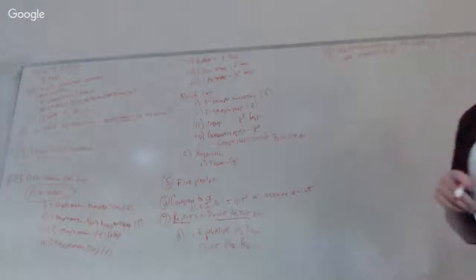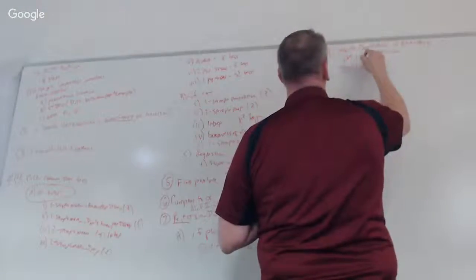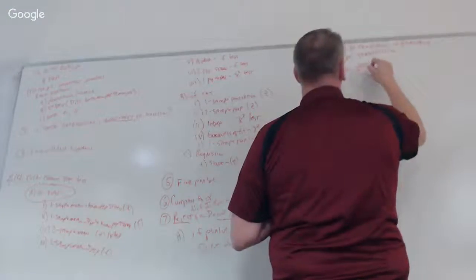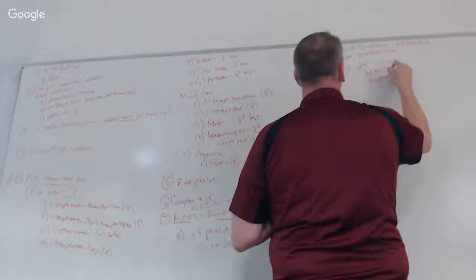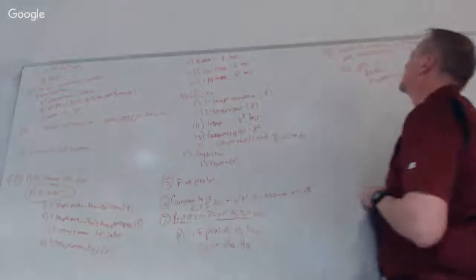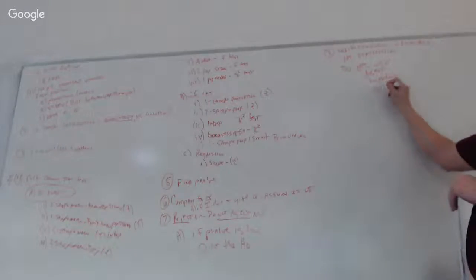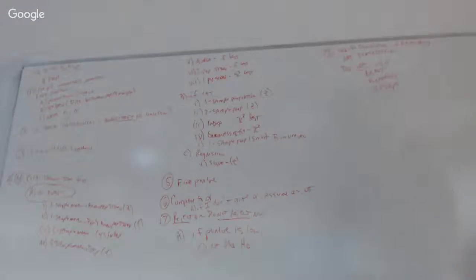Okay? And what I mean by that is do not use the following words: reject, hypothesis, and especially the word accept. I may have to take off more points than it's worth if you do that.